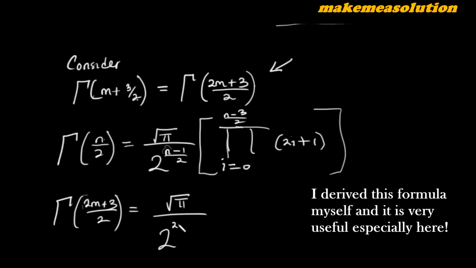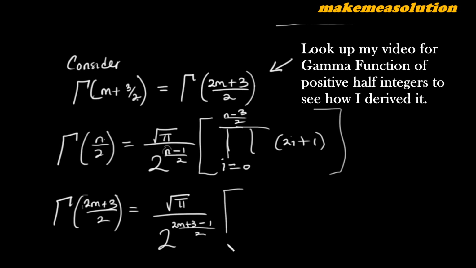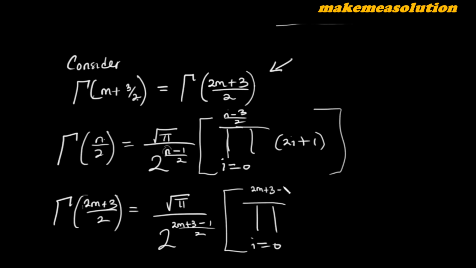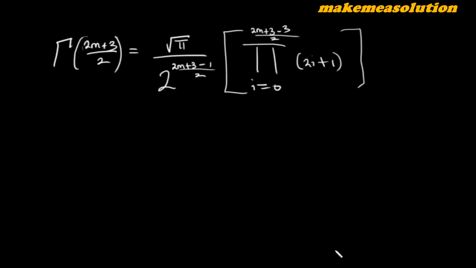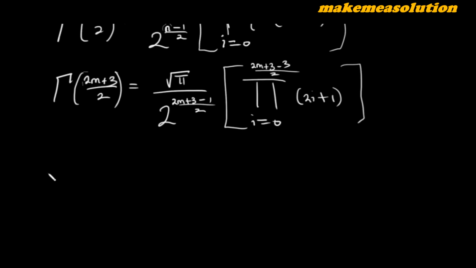And you now have the product from i equal to 0 to (2m plus 3 minus 3) over 2, of (2i plus 1). Okay, so when you simplify further, that's the gamma of (2m plus 3) over 2.